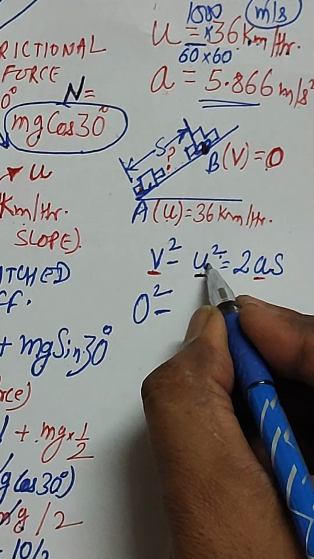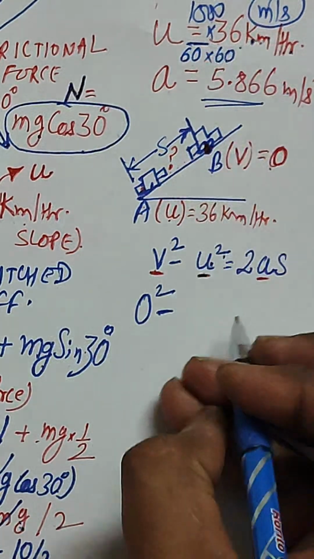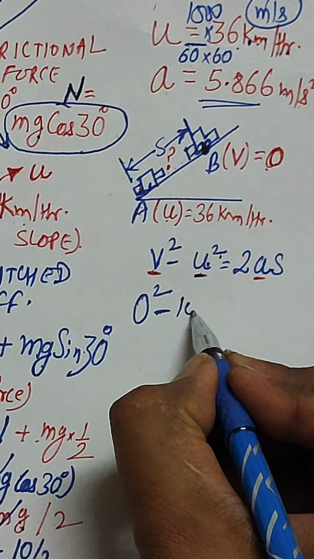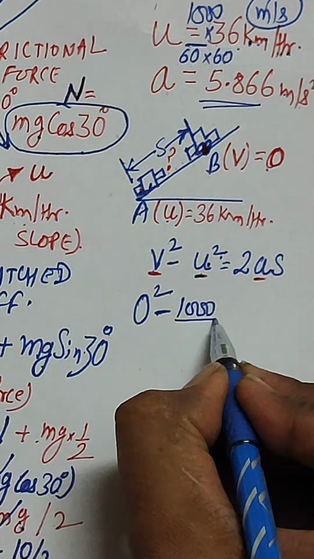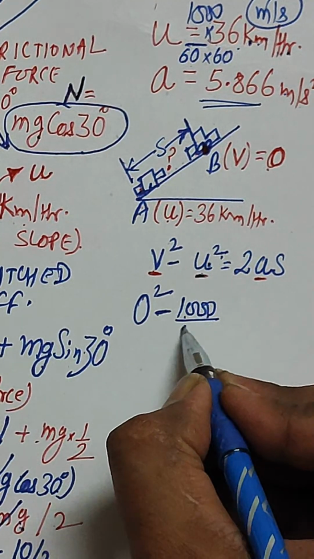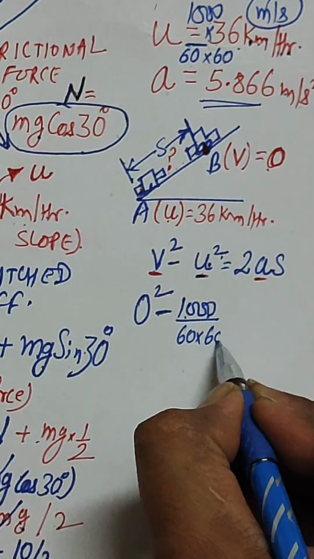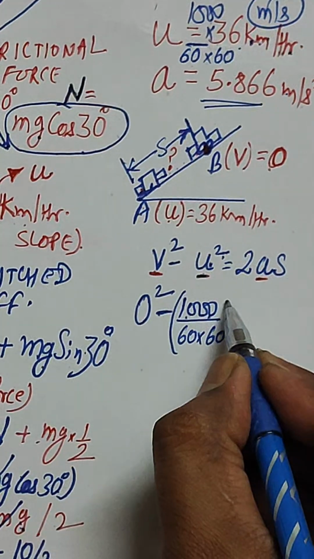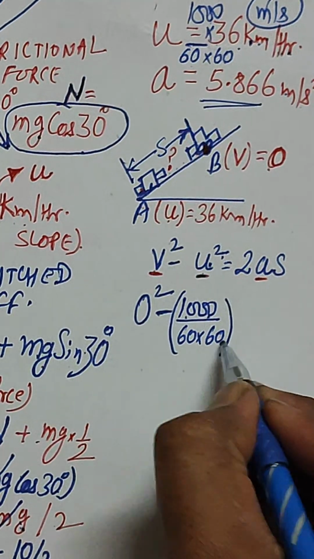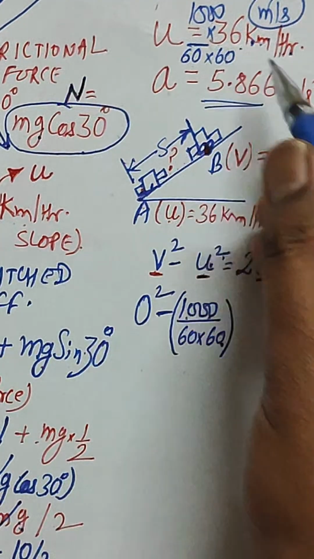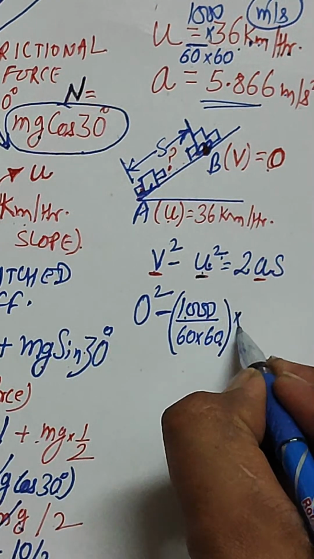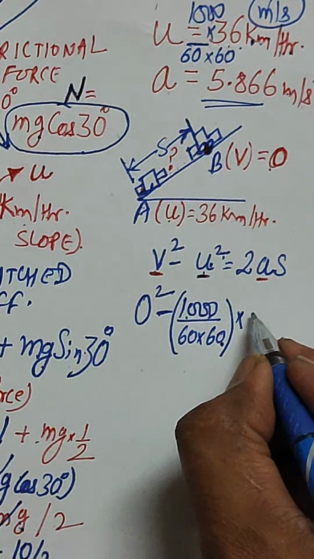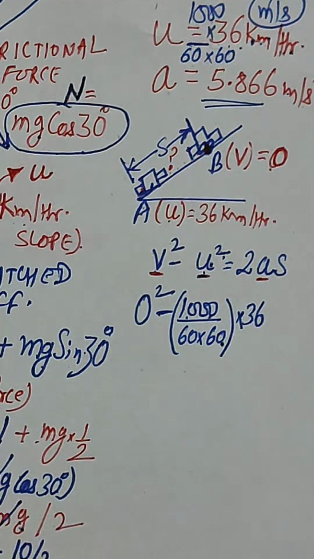So putting up the value of u, it's 1000 because kilometer is converted into meter, and 60 into 60 is in the denominator because hour is converted into second, right? This multiplied by, what is the value of u? 36, right?